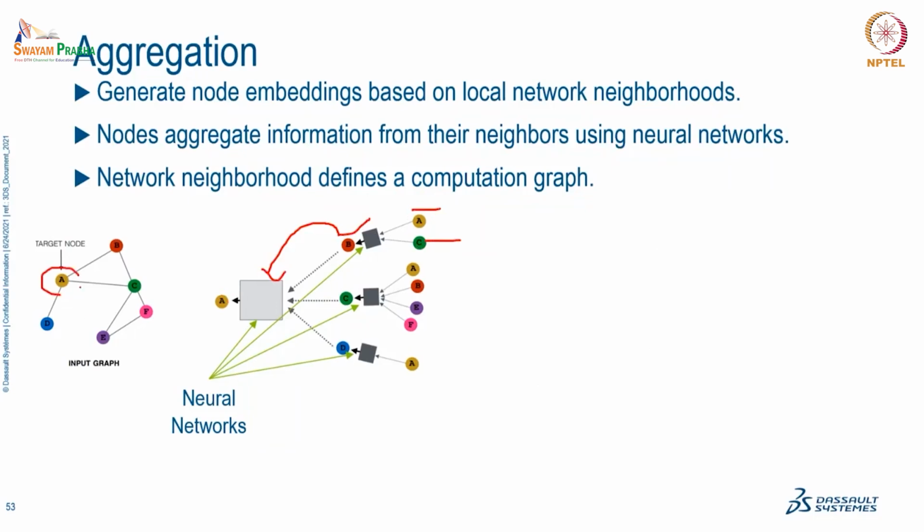For example, for target node A, A's immediate neighbors are D, C, and B. These are the immediate neighbors. But B is connected to both C and A, so for B we need to consider A and C here. Same thing for C and D. So these are the neighbor's neighbors.